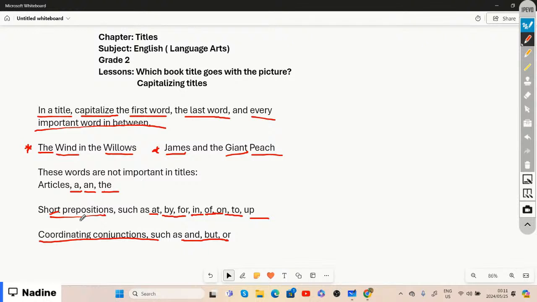So unless one of those words, either an article, preposition, or coordinating conjunction, is the start of the sentence, then we write it with a capital letter.